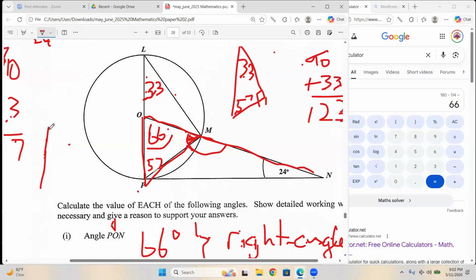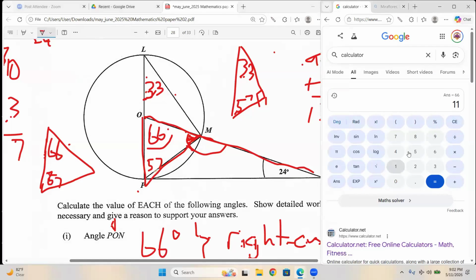Okay, so just doing a sketch outside. We have 57, we have 66. If we add those two and take it away from 180, 180 take away the sum of those angles.